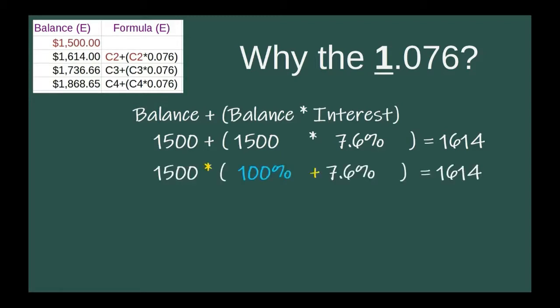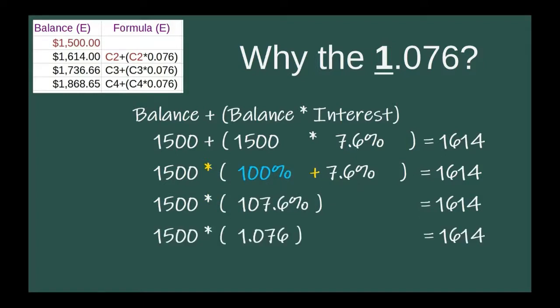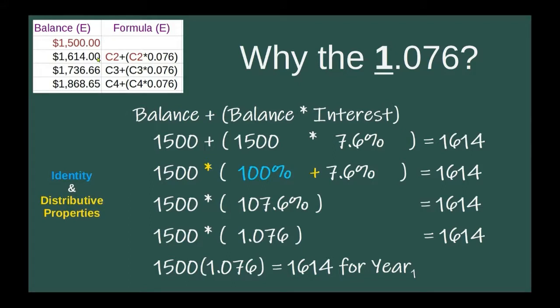We can rearrange the equation by expressing this 1,500 as 100%, because 100% of 1,500 is 1,500. To do that, though, we have to rearrange our signs as shown. This is multiplication. Let me simplify this to prove that the result is the same outcome. 1,614 for year 1. That algebra trick, by the way, is called the identity and distributive properties.